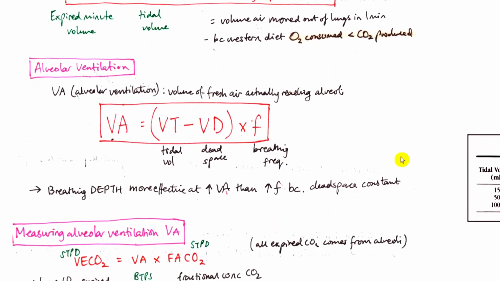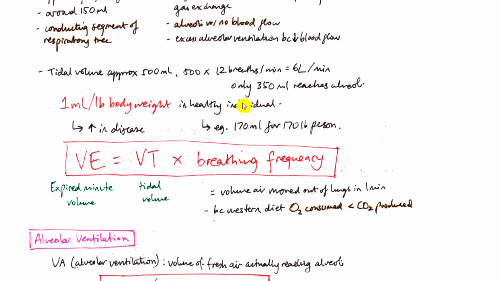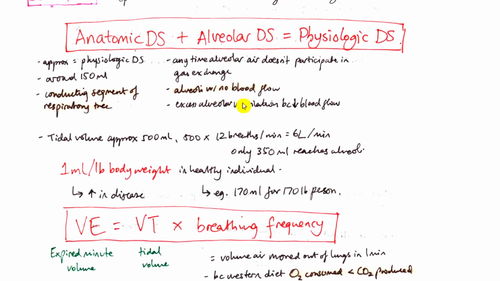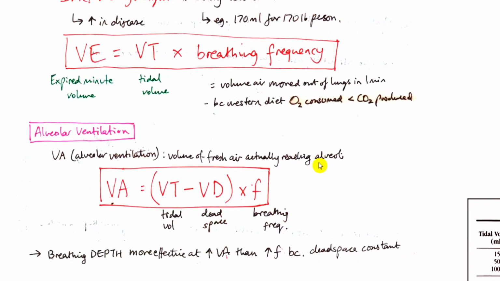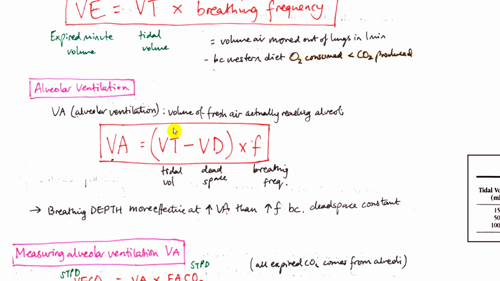Now, alveolar ventilation, so we said that not all air that we breathe in actually gets to the alveoli. Some air is stuck in the dead space, and around only 350 milliliters per breath reaches the alveoli. So how do we calculate that? Alveolar ventilation is the volume of fresh air actually reaching the alveoli, and the VA, or the alveolar ventilation, equals the tidal volume minus the dead space times the breathing frequency.